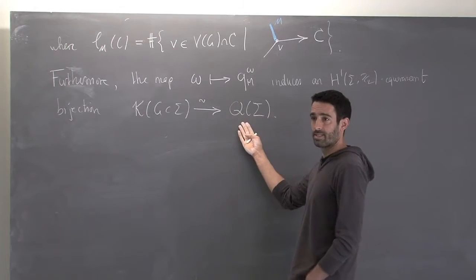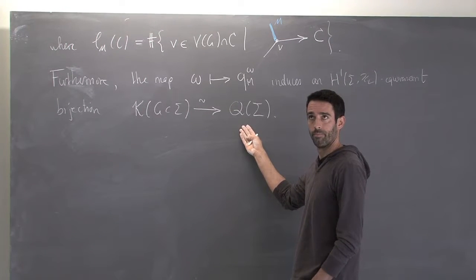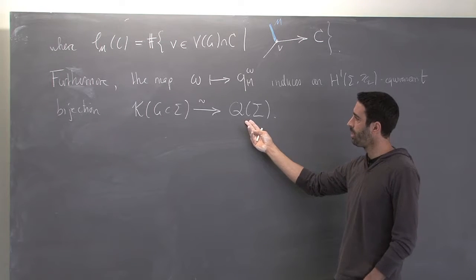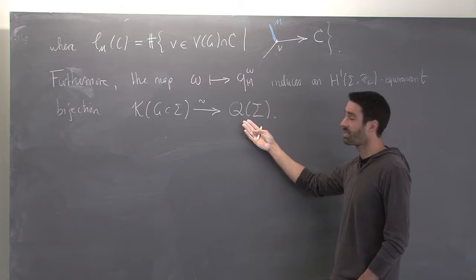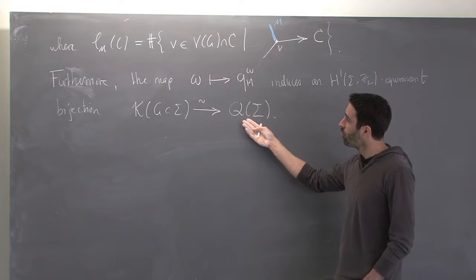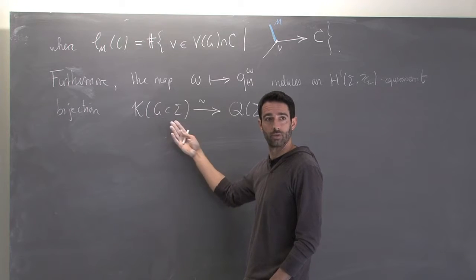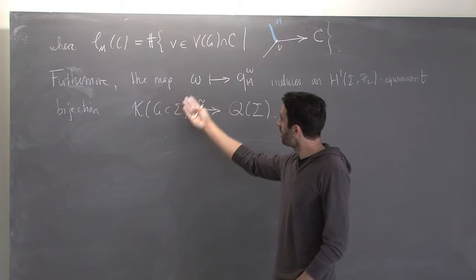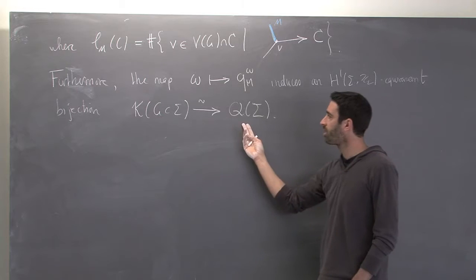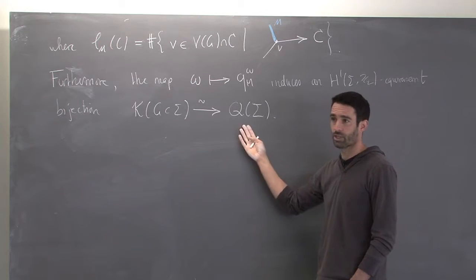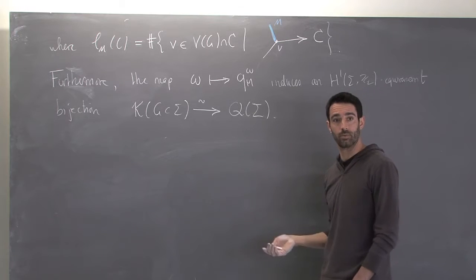We know since two weeks or so, maybe one week, that this set has a freely transitive action of H1. We just proved without details that this set admits a free transitive action of H1. And now I'm saying that this map here actually is compatible with this action. So it's a bijection which is natural with respect to the action that we have.